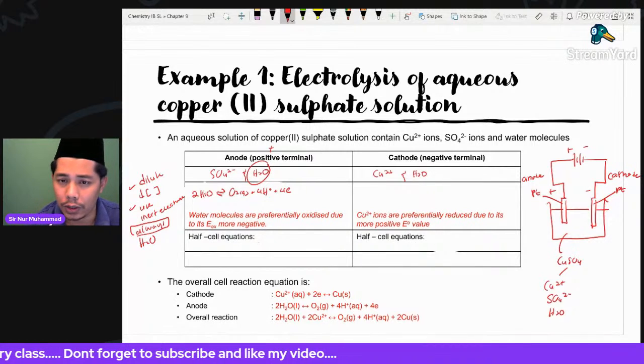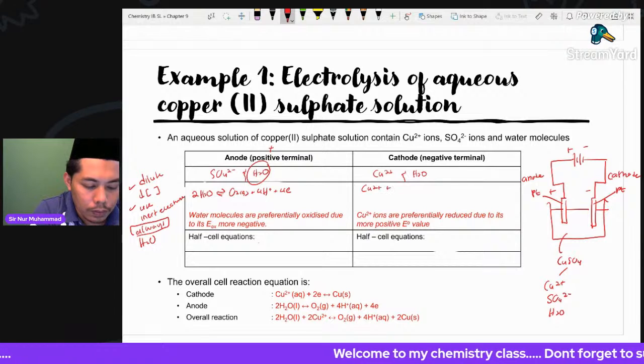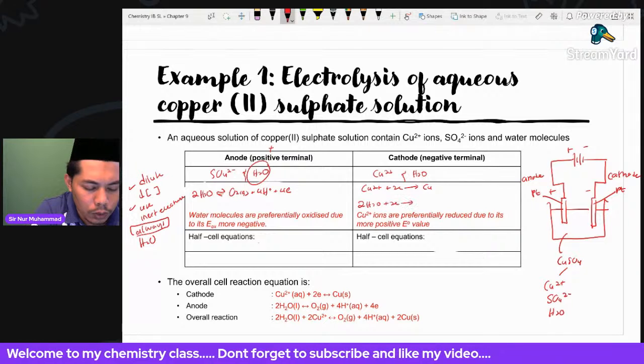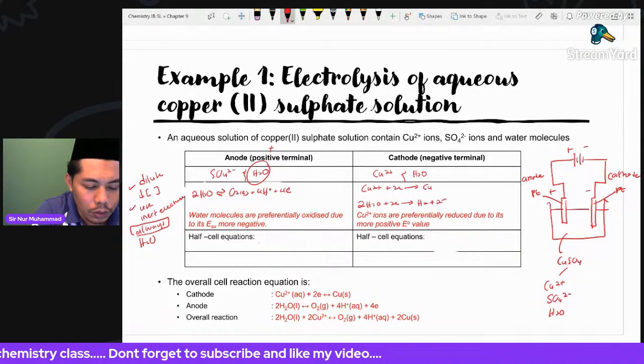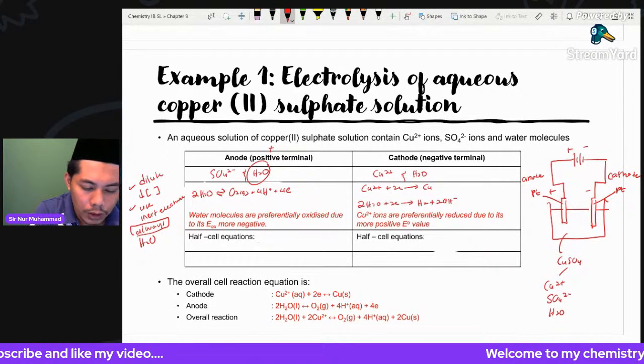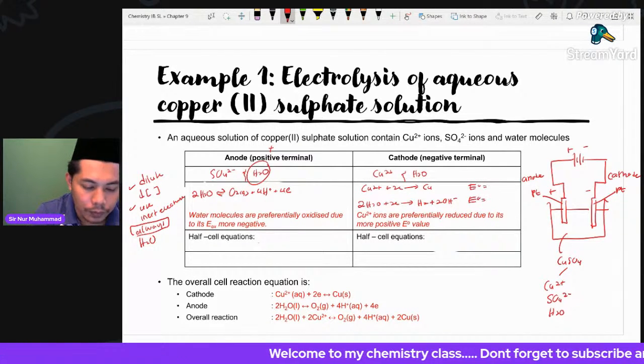Standard electrode potential. Let's say here cathode is reduction, so Cu2+ plus 2 electrons produces Cu. Another one is 2H2O plus 2 electrons produces H2 plus 2 hydroxide ions. So you can refer to your data booklet for the value of E naught.